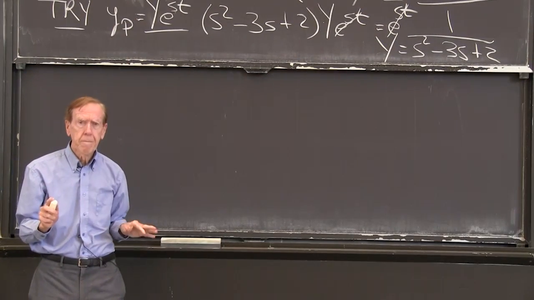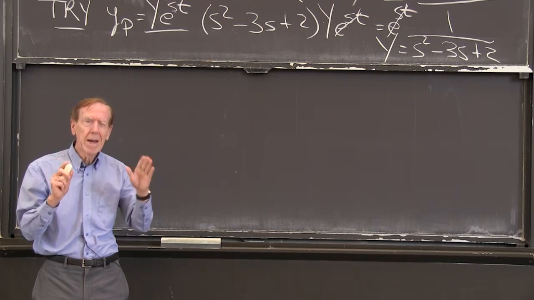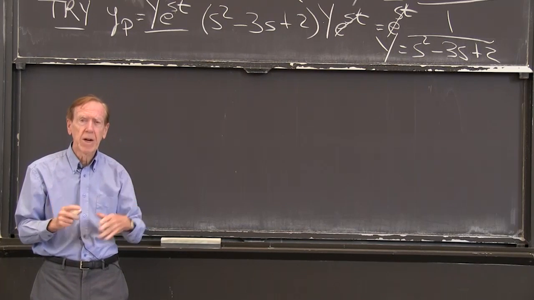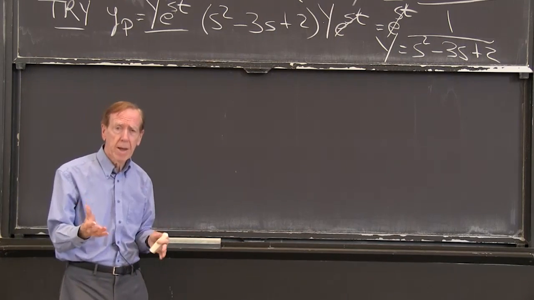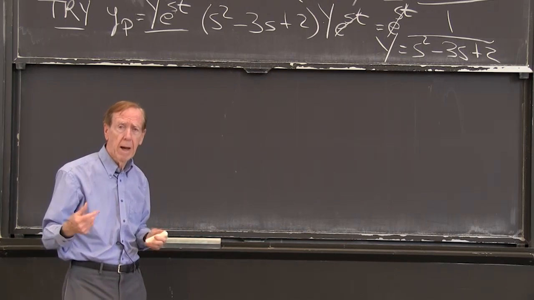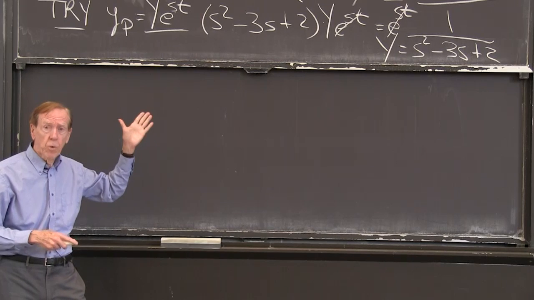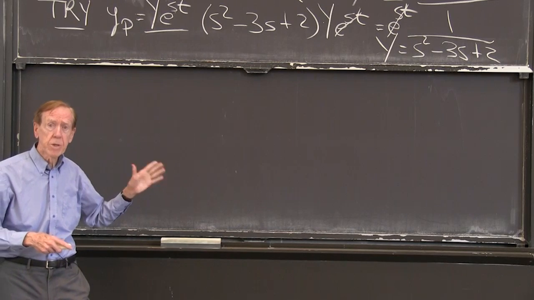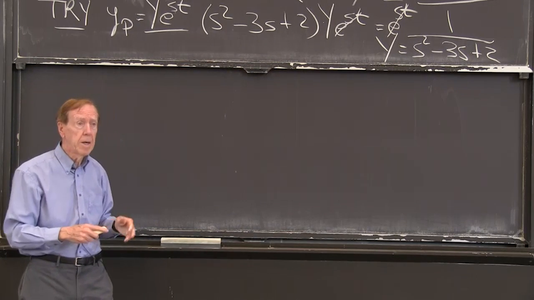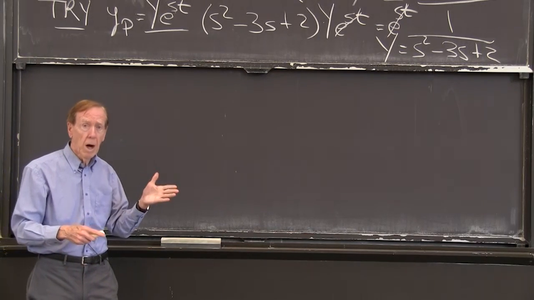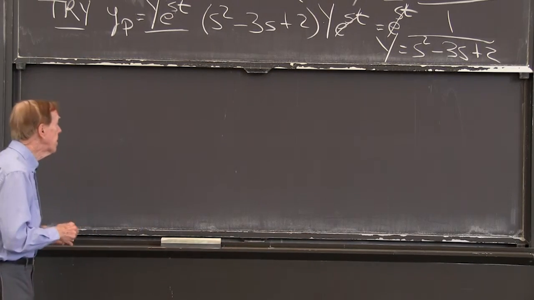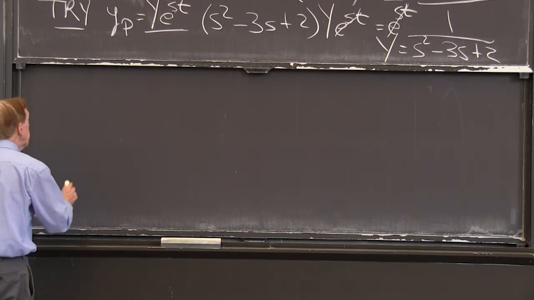Again, we're getting a very small set of nice functions, but fortunately they appear quite often in applications. Constants, linear like 4t, exponentials like e to the 5t, e to the oscillation like e to the I omega t. So let me make a list.